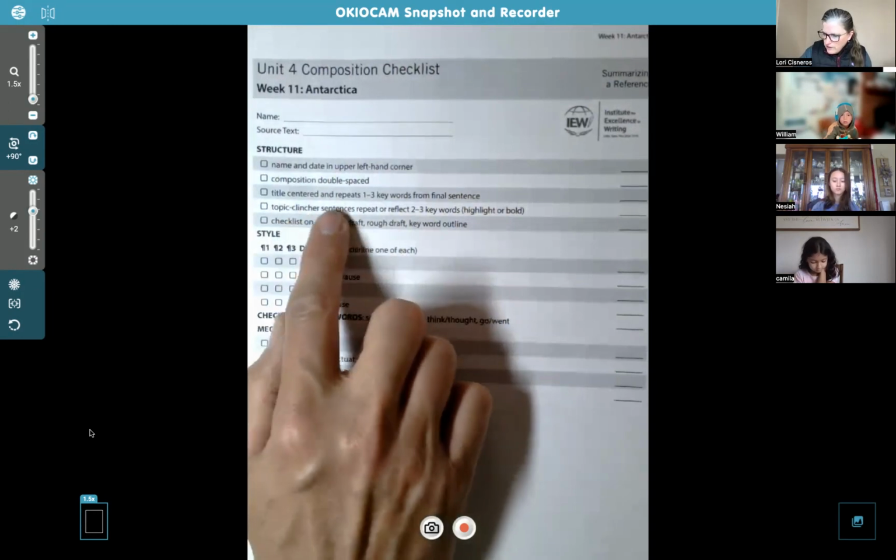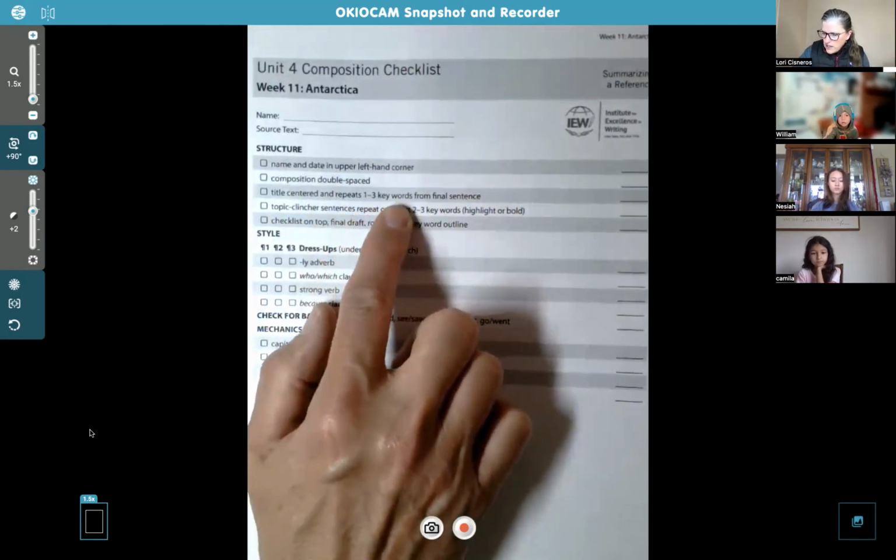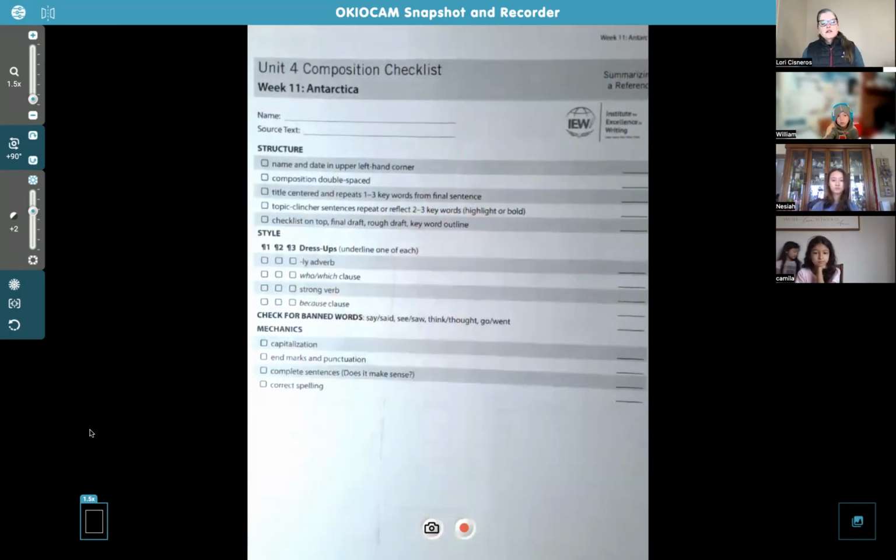The rule is it repeats 1 to 3 key words from the final sentence. So you can have Antarctica in your title as long as you have Antarctica as your last sentence, but then you can say something like Antarctica life, or life in Antarctica, or what is Antarctica?